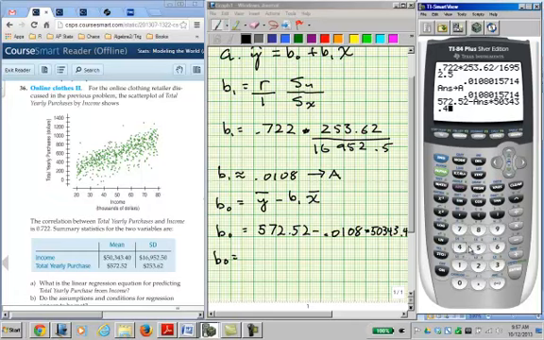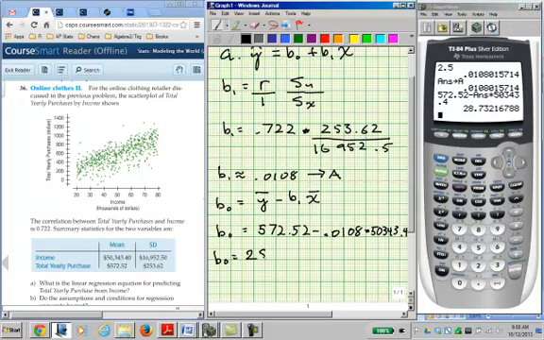So let's double check our numbers. 572.5 minus 0.0108 times 50343.4. And I hit enter. So I get 28.732.